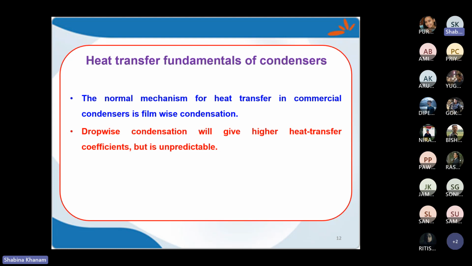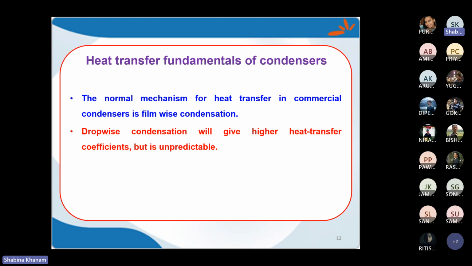However, when we consider the expressions which are available to predict the heat transfer coefficient, that prediction would be easier for film wise.